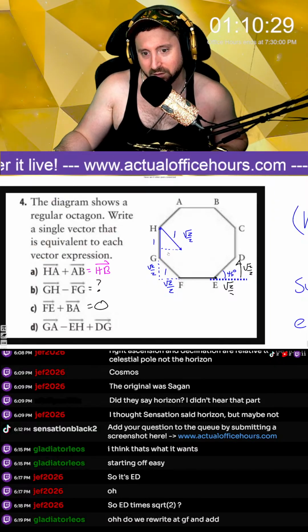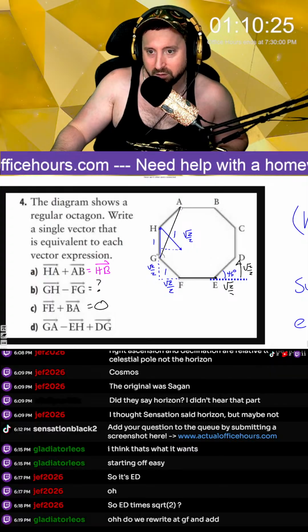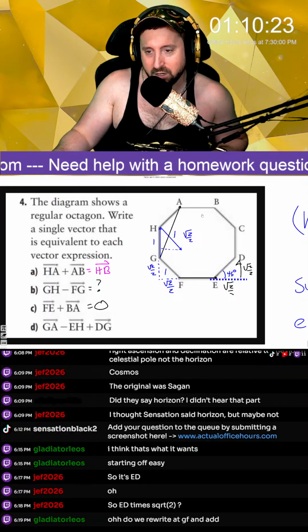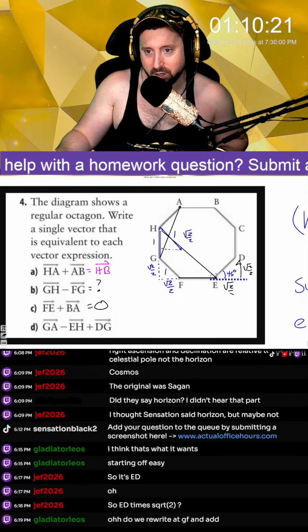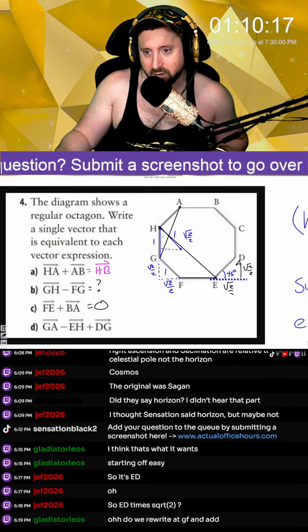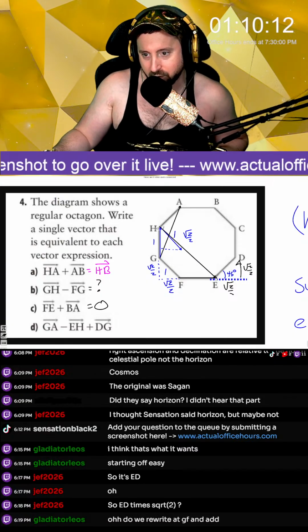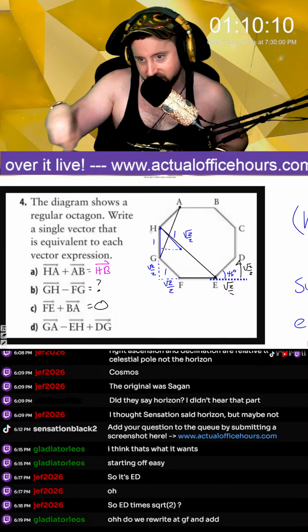What do you see? If you moved that GA, and then minus EH is this way. EH would be that way, but minus EH is going the other way.